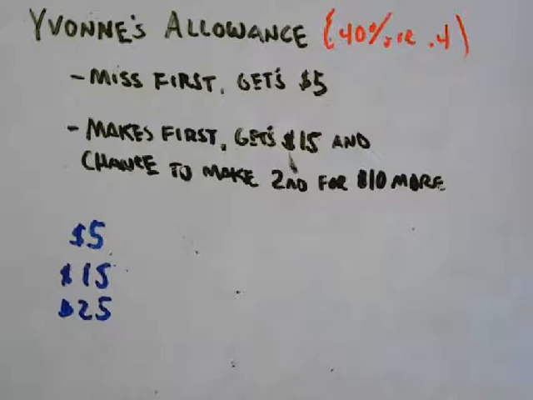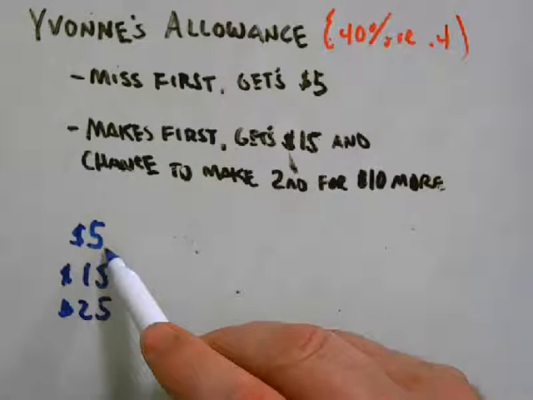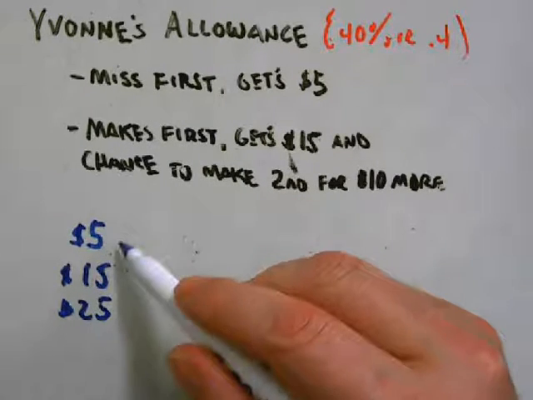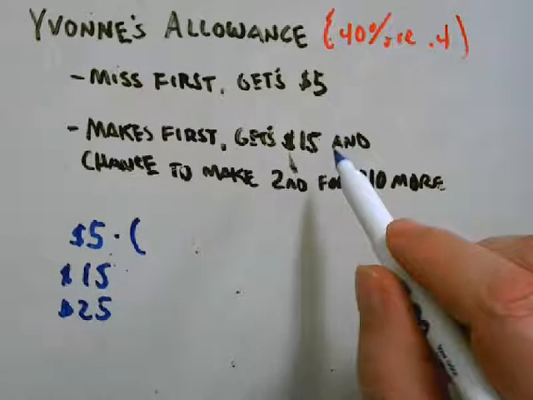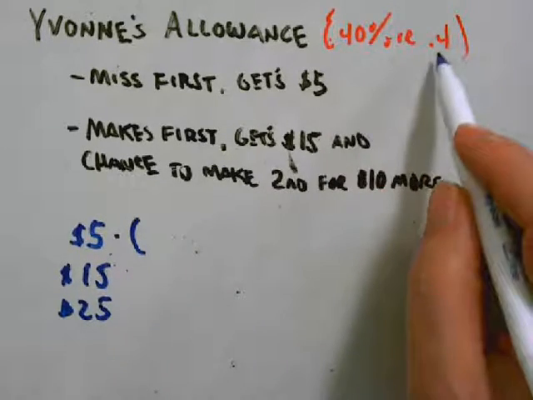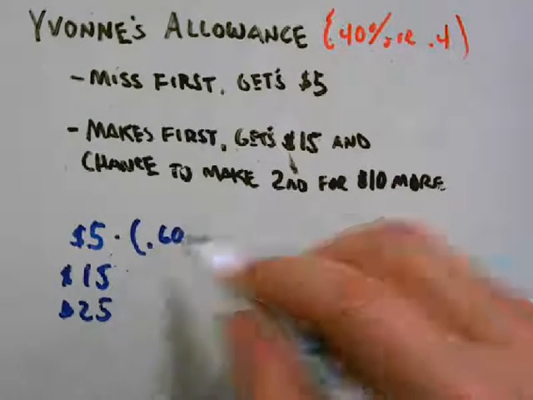Okay, so now, again, remember, if she misses the first shot, she gets $5. So what's the probability of getting the $5? Well, she has to miss the first shot. If her chance to make it is 40%, then her chance to miss it is 60% or 0.6.